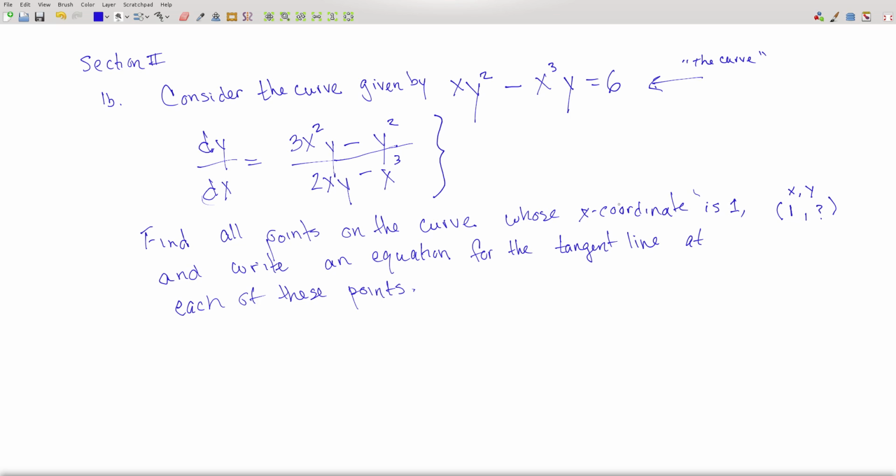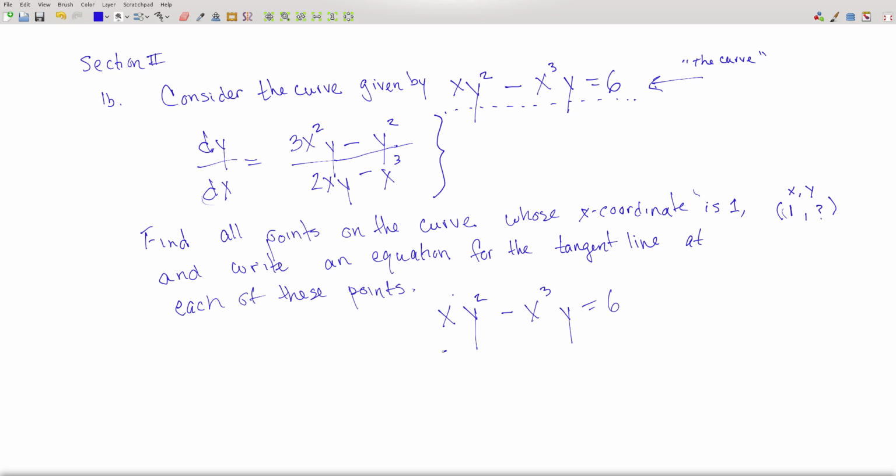To do that, let's go back to the original equation. The original equation will be used to find these points. We are told that the x-coordinate must be 1. The original equation is x times y squared minus x cubed y equals 6.